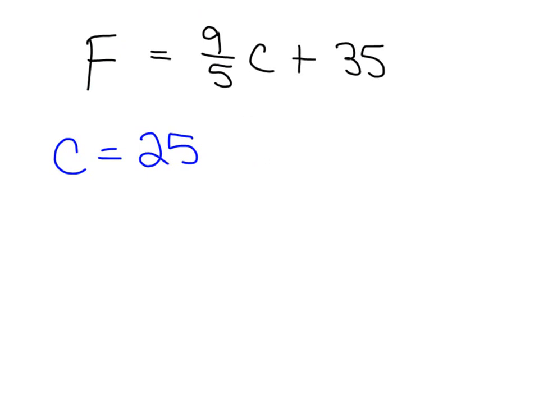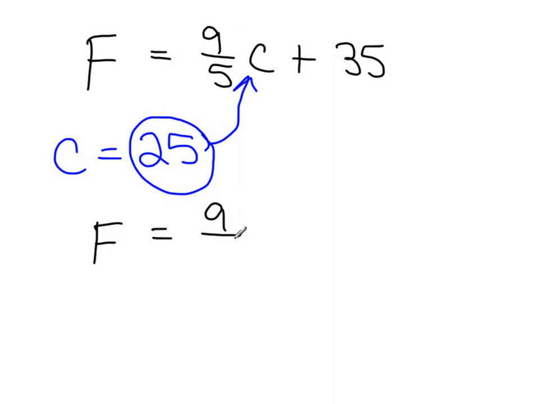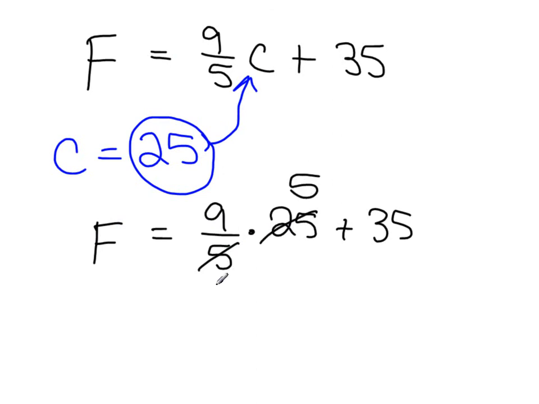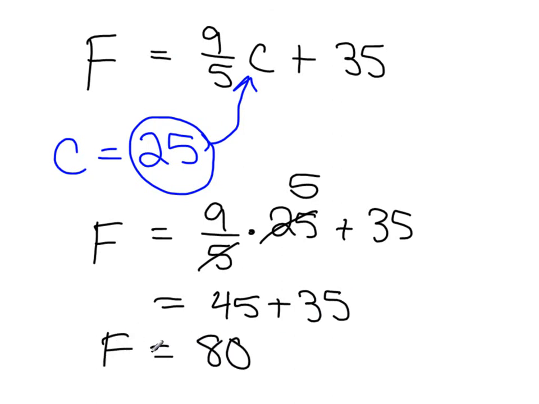So all we have to do is take that result that they gave us, C is 25, and plug it in for C, and just simplify. So we have F equals 9/5 times 25 plus 35, and we just got to reduce if possible. 5 can go into 25 5 times. 9 times 5 is 45, plus the 35 gets us 80. So F equals 80.